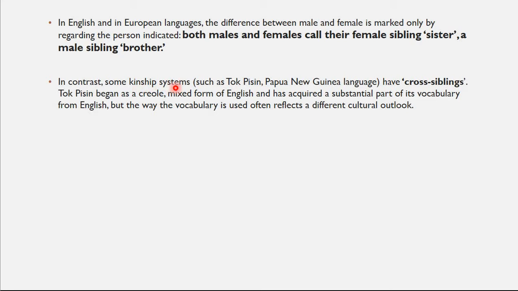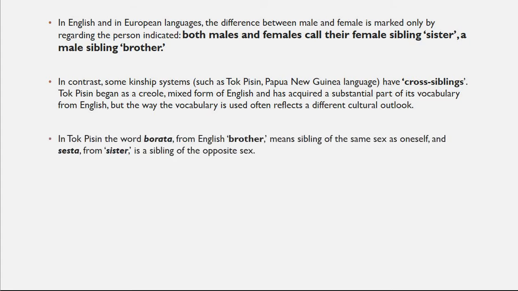Some kinship systems, like the Papua New Guinea language Tok Pisin, have cross siblings. Tok Pisin began as a Creole, a mixed form of English, and has acquired a substantial part of its vocabulary from English. But the way the vocabulary is used often reflects a different cultural outlook, it says.